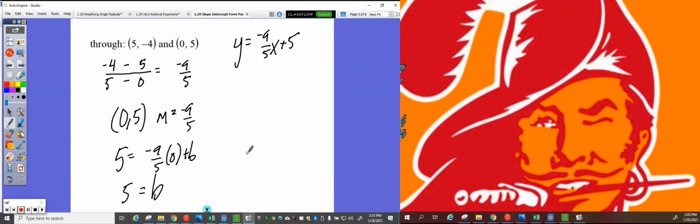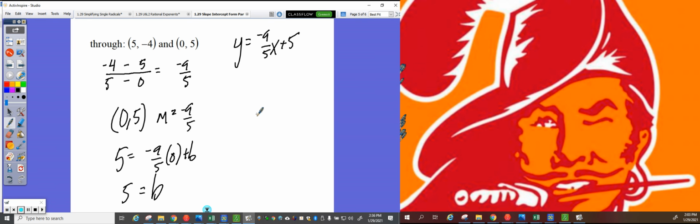Now again, in your homework, I don't want you to do the first 6 problems with point slope. Those 6 problems, I want you to do slope intercept, because when you come back and you take a quiz, I'm going to ask you to plug them into y equals mx plus b.